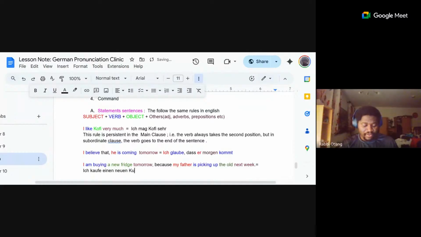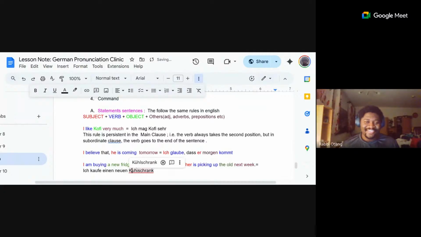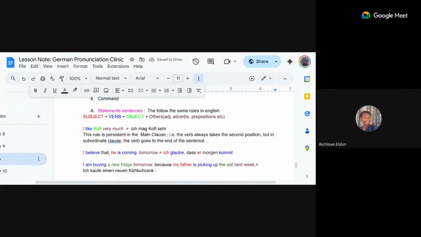Kühlschrank, K-Ü with an umlaut. I have to spell that.